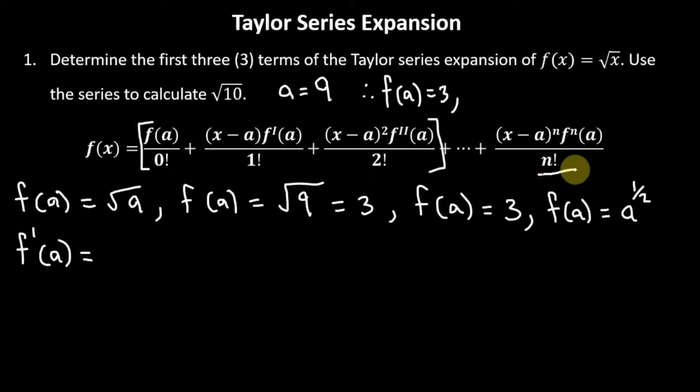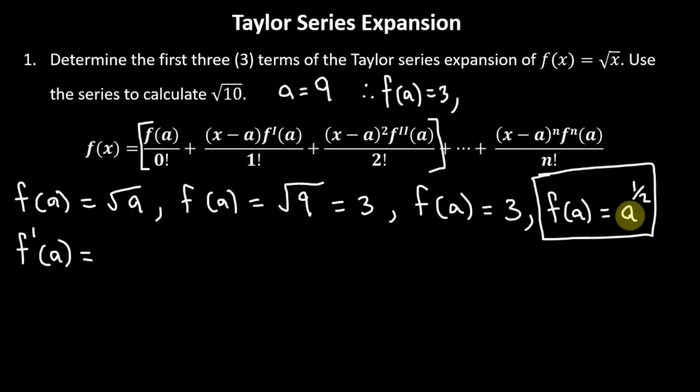The reason why I write it like this, guys, is because we're going to differentiate this, and it's probably easier to differentiate this than to look at the square root sign. Being that the square root of a is the same thing as a raised to the power of a half, we can differentiate the function a raised to the power of a half.